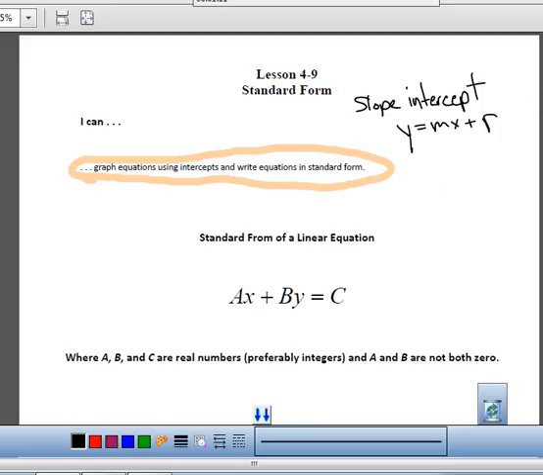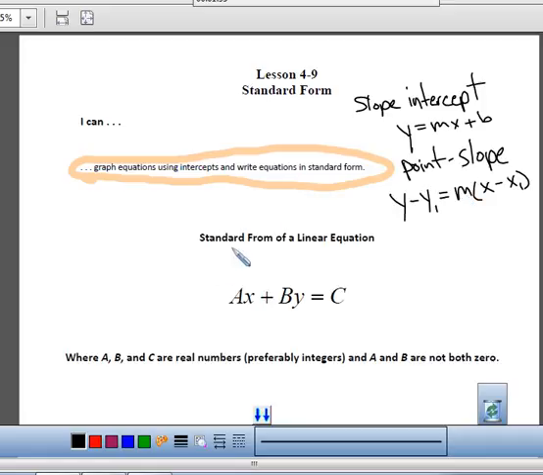Then, oops, not p, it's b. Then we had point slope. And point slope looks like this: y minus y1 equals m times x minus x1.